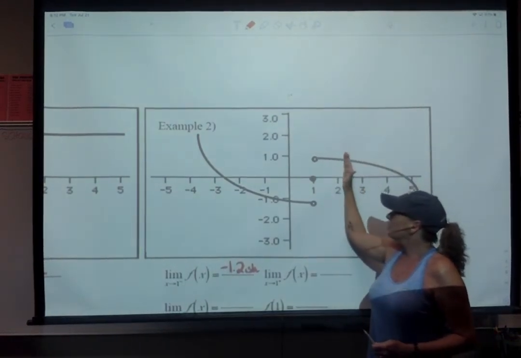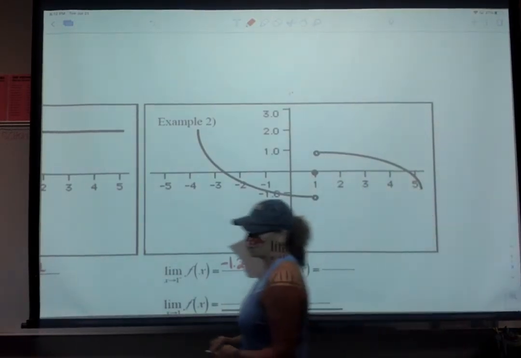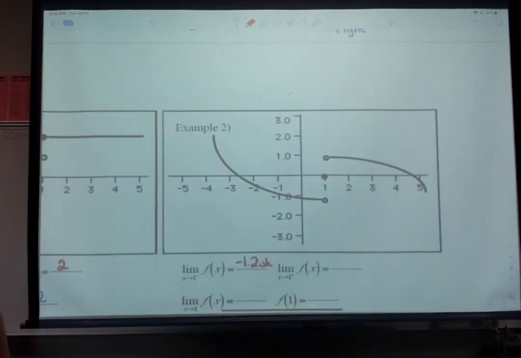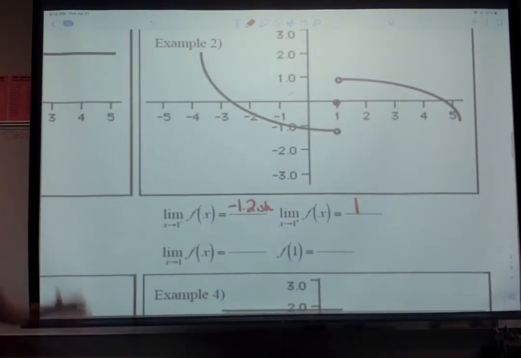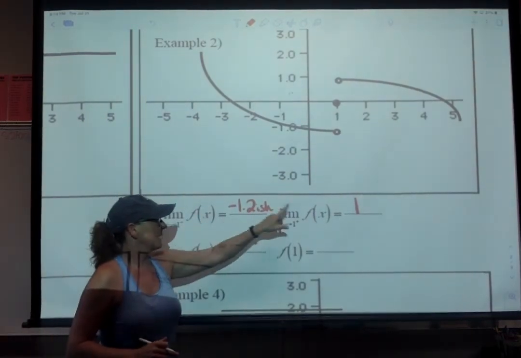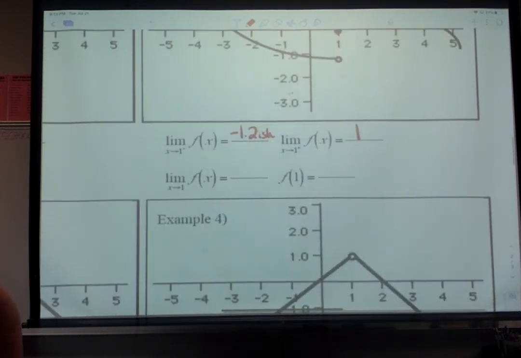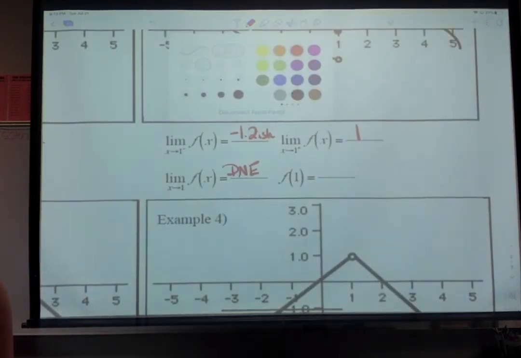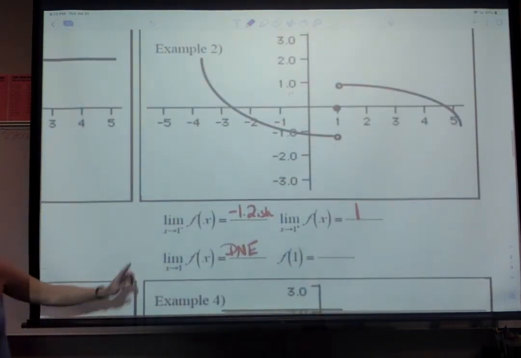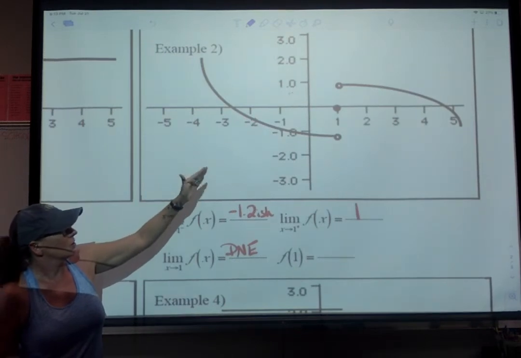As x approaches 1, my y's are getting bigger and bigger and bigger, and they're headed toward 1. Does the left-hand limit match the right-hand limit? No. So the limit does not exist. And just for fun, when x is 1, what's the y value? The y value is 0.